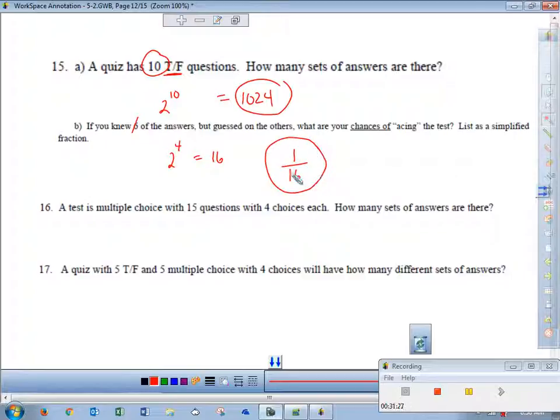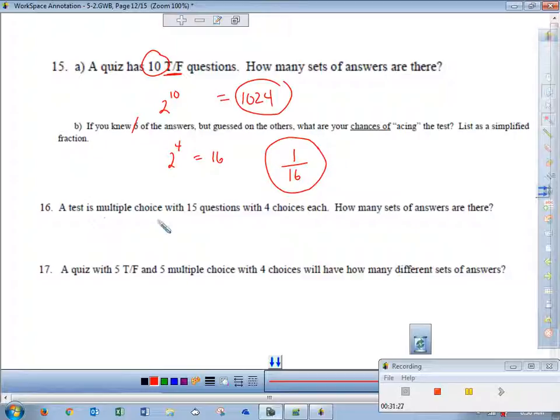So you have a 1 out of 16 chance. Out of those last 4 questions, it could have been true, true, true, true, or true, true, false, true, or true, false, false, true. There's only one combination that was actually correct, so there's a 1 out of those 16 possible combinations chance.